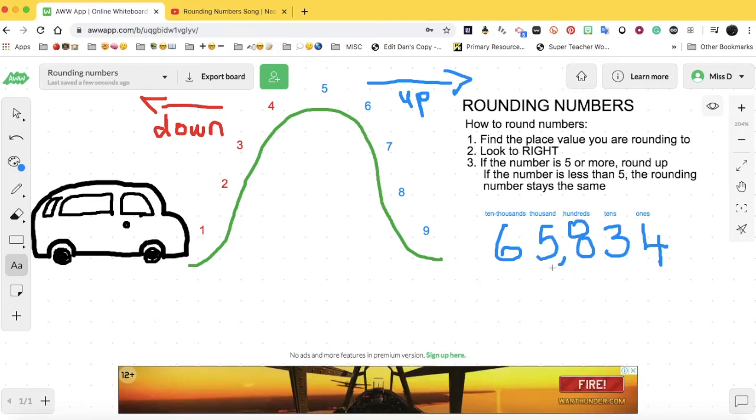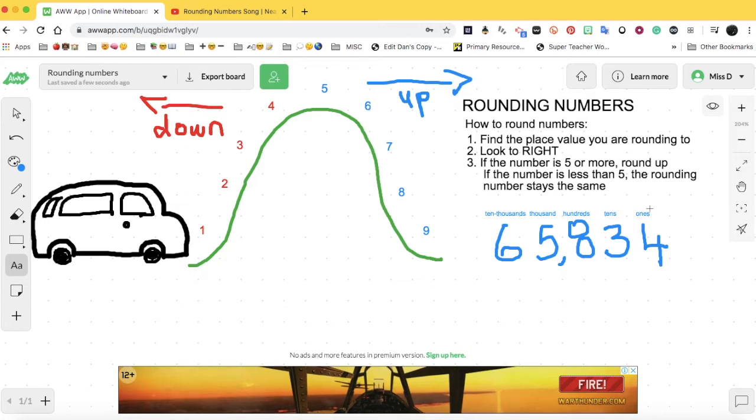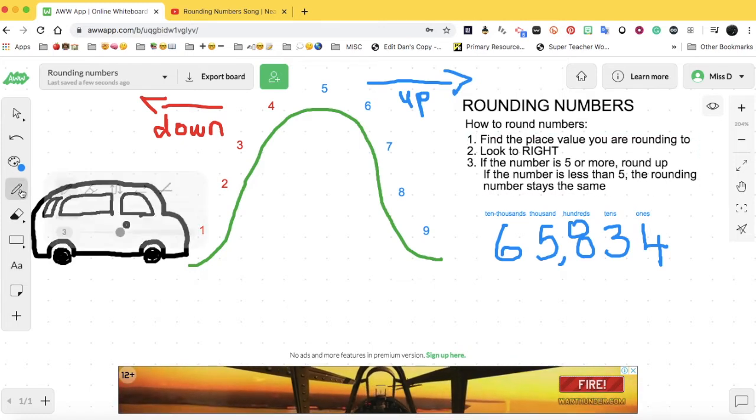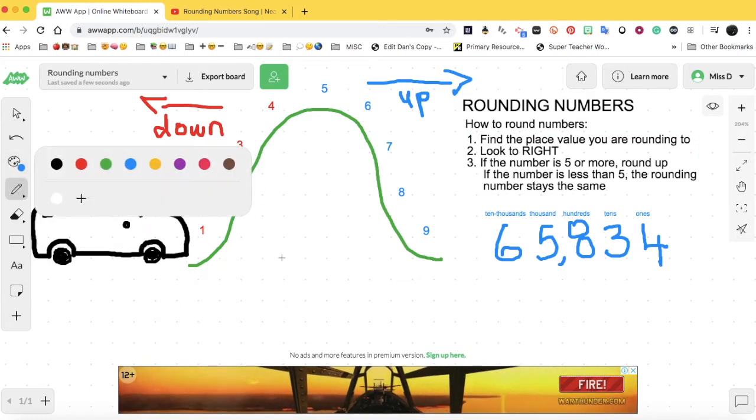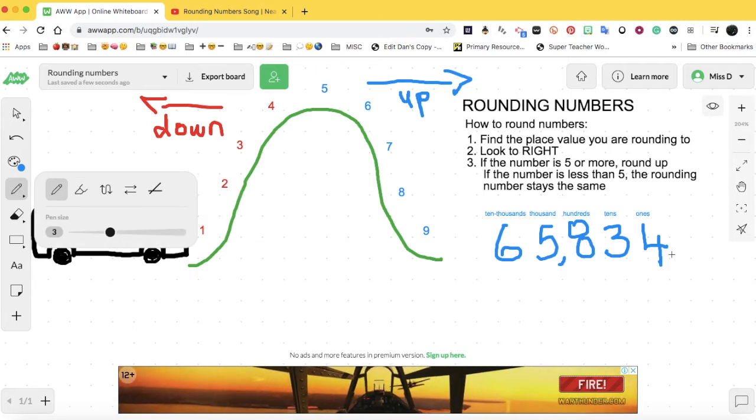If there's a comma, then that's when you take a pause, but it always follows that same pattern of hundreds, tens, ones. I've got no hundreds of thousands here, which is why I start at 65,834.